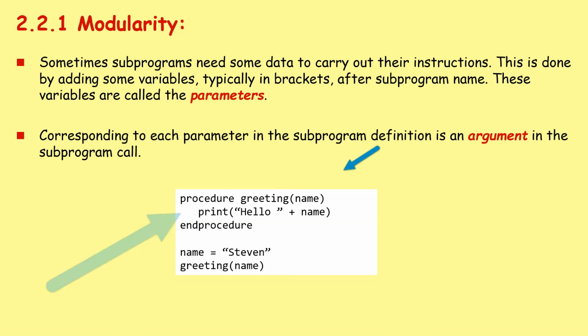After the procedure heading, we have in brackets name. Name is a parameter, that is some data that will be sent to the procedure that it can use. And underneath that, we've got the main program. And here we call the procedure greeting, and we're going to give it an argument, name. So we send an argument, but our subprogram receives a parameter.